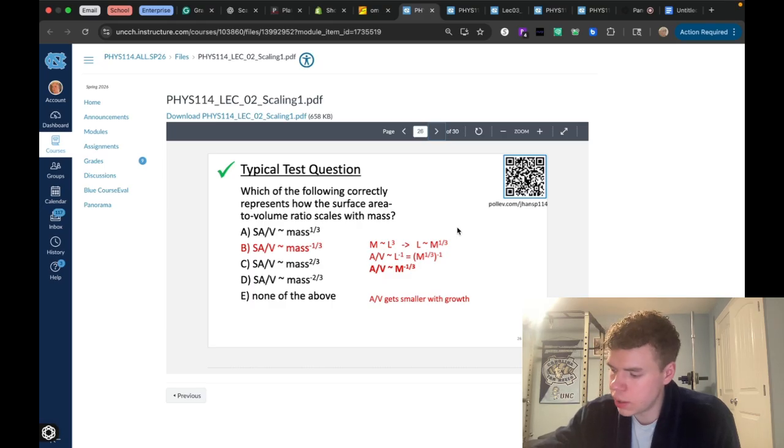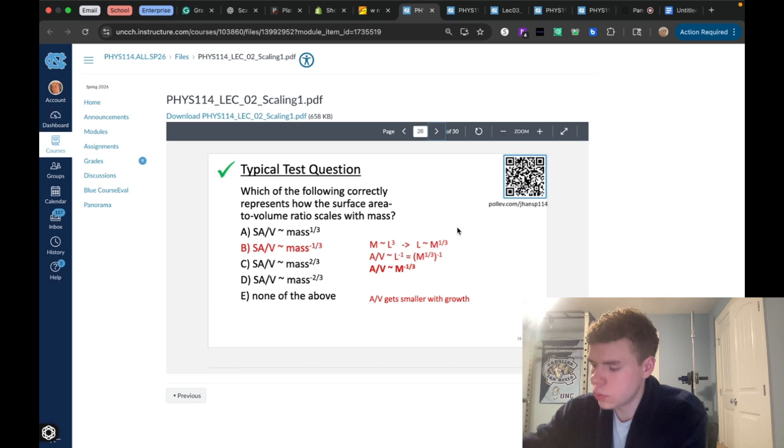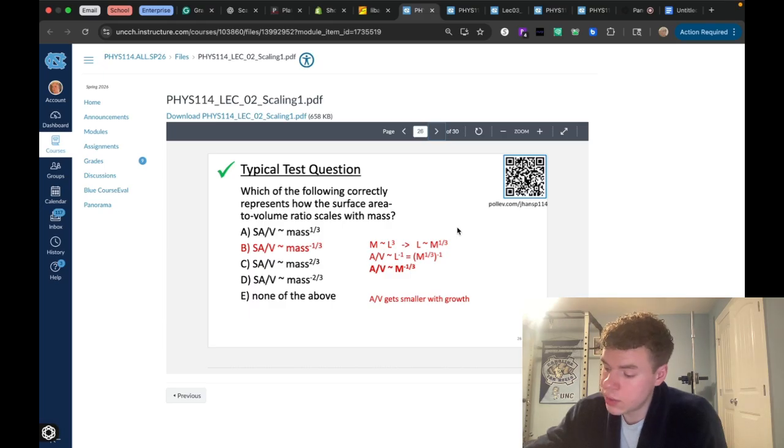That's another one to write down. Surface area divided by volume is equal to mass to the -1/3. And we know that because, what did we say?